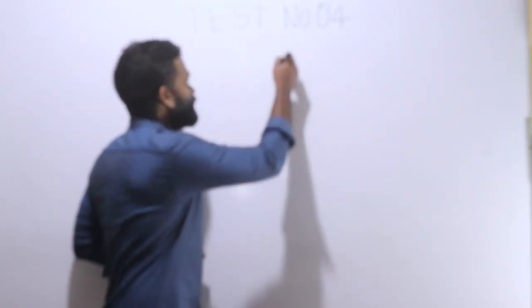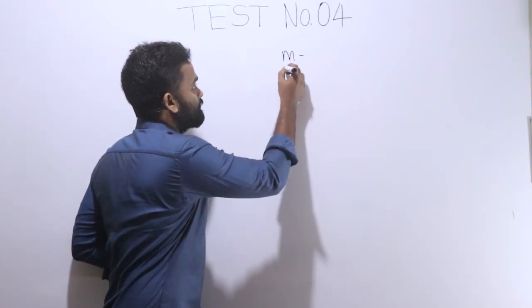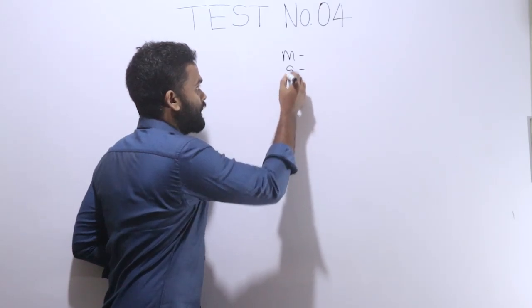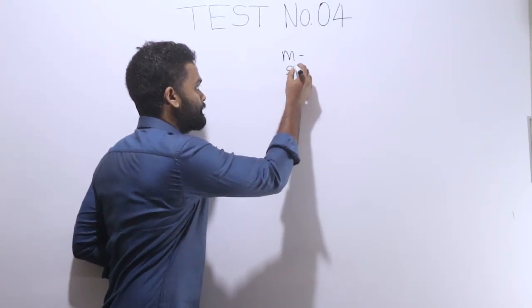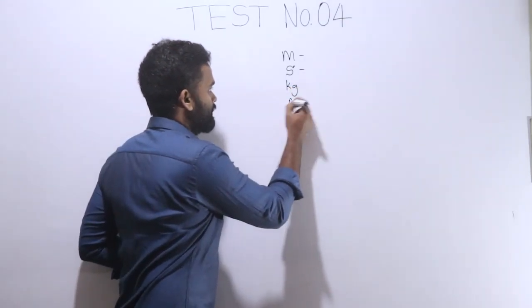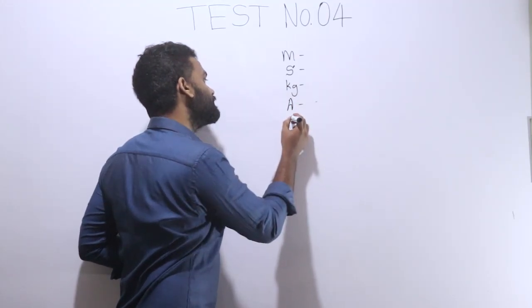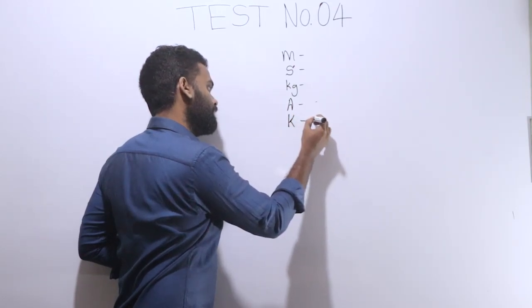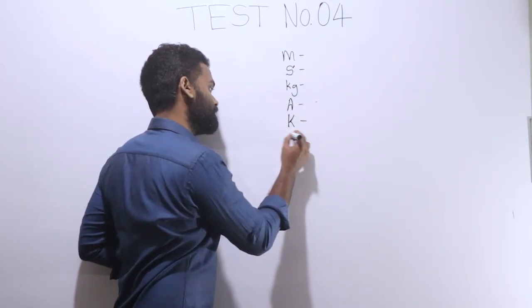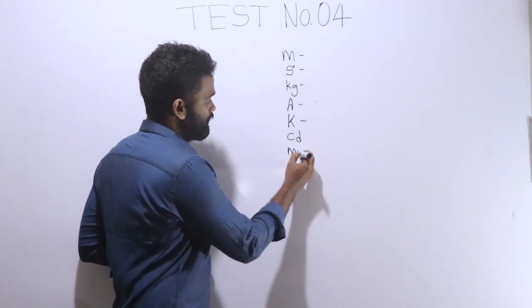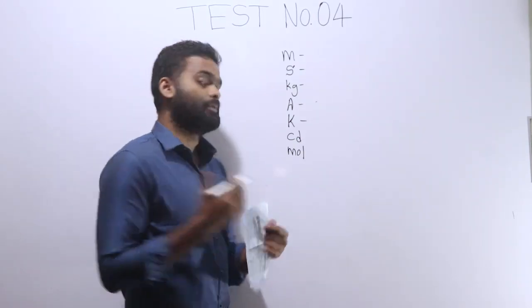To measure those 7 fundamental quantities, we have meter for length, seconds for time, kilogram for mass, ampere for electric current, Kelvin, with a capital K, to measure thermodynamic temperature, candela to measure luminous intensity, and mole to measure the amount of substance.